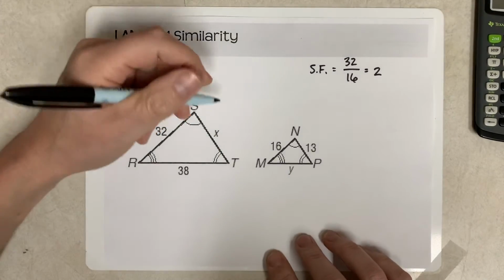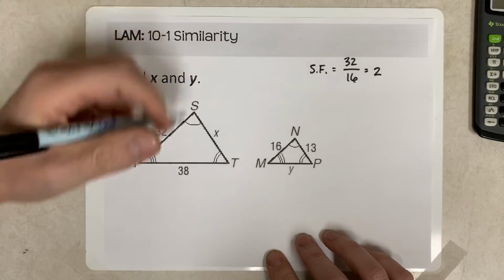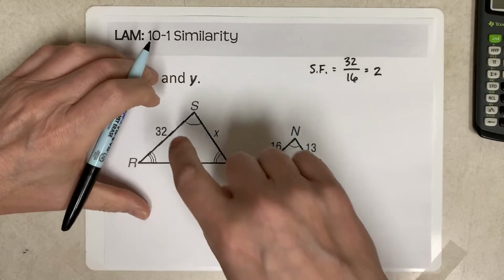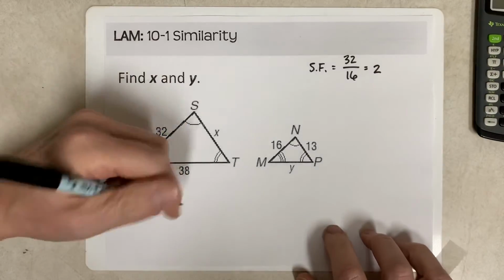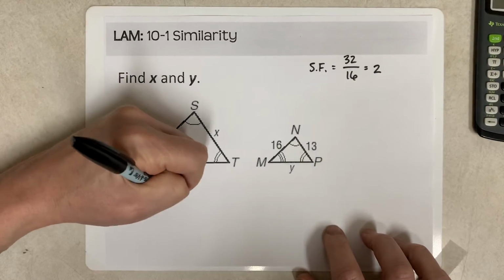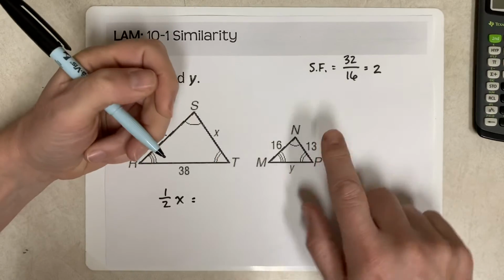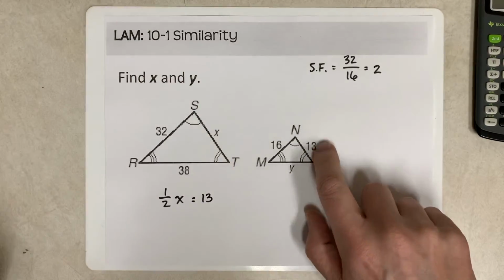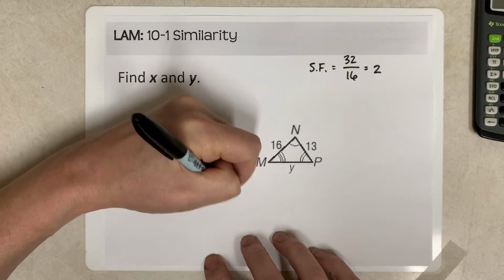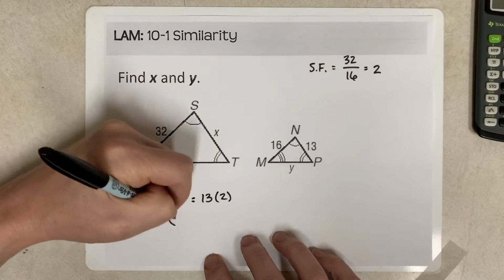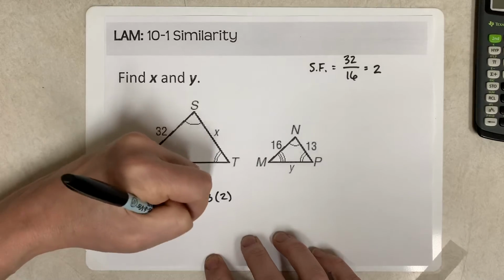All right, so let's find x this time first. So to find x, I need to go from the big one to the small one. So I need to multiply by the reciprocal, which is 1/2. So 1/2 of x is equal to 13. So if I multiply both sides by 2, I get x is equal to 13 times 2 is 26 again.